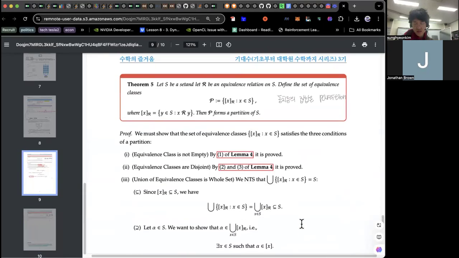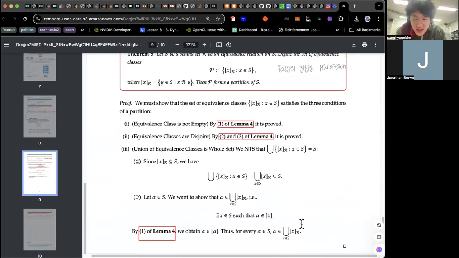I think I need to study more of this part.